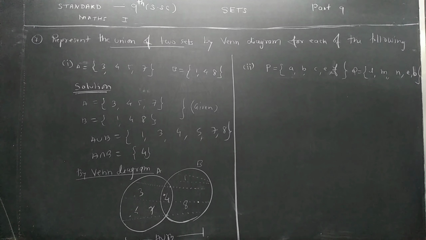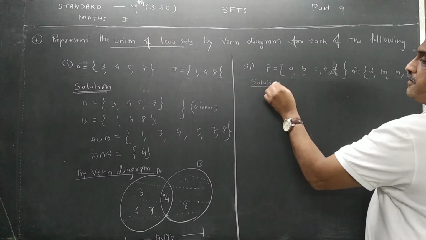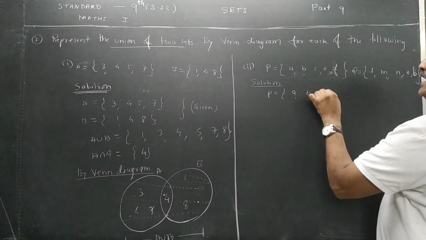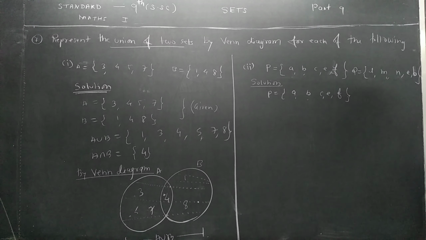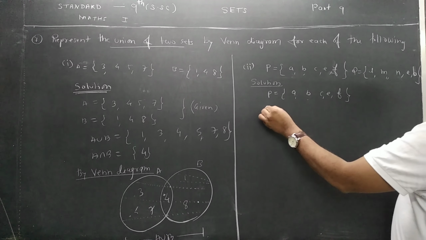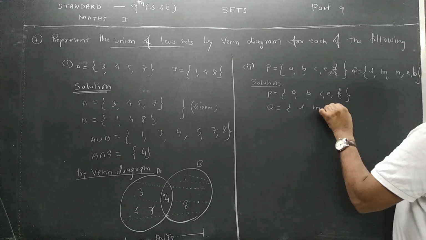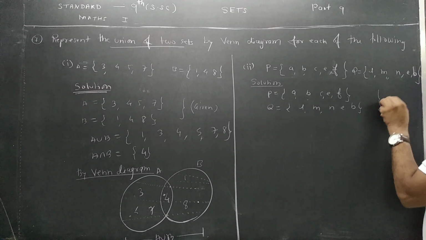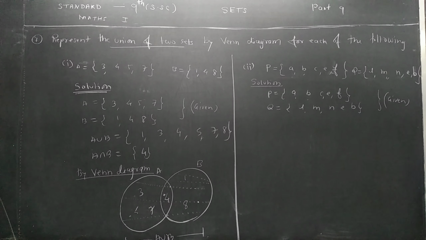Now here again I am going to write solution. P is a set of A, B, C and F. Right? And Q is a set of L, M, N, E and B. These two things are given to you. You got it?